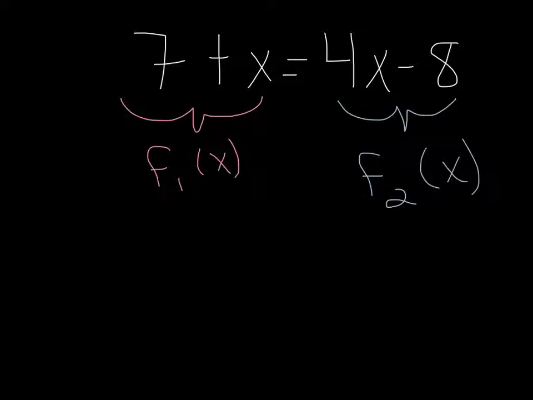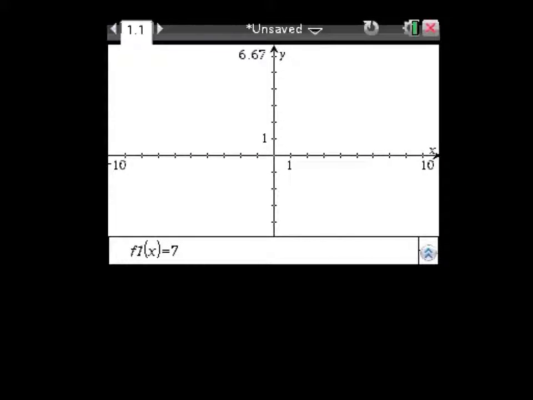So this is what it looks like in the calculator. The first thing I do is enter 7 plus x into f1 of x and hit down to go to f2 of x. Then I enter 4x minus 8 and hit enter.